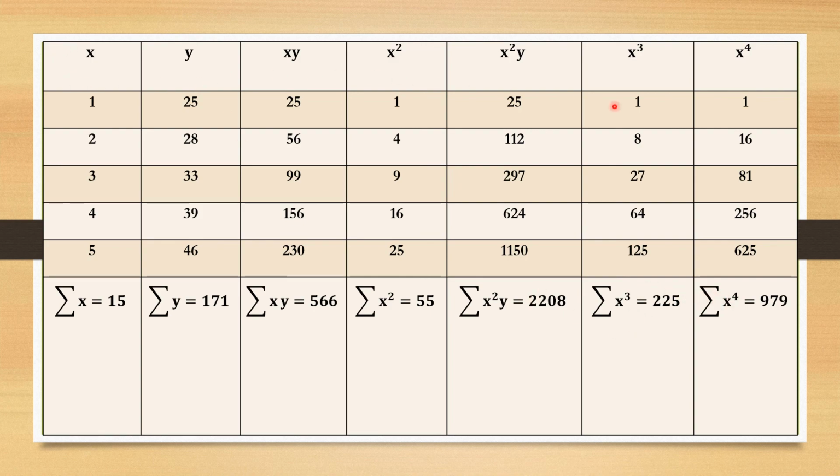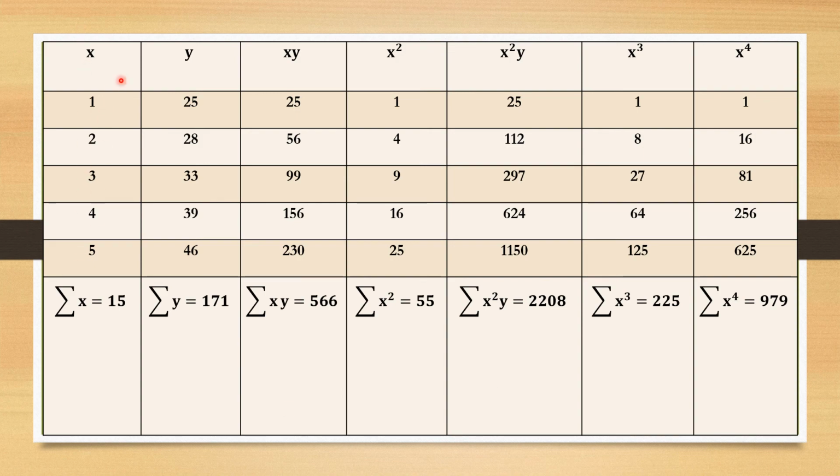So first we have to write the normal equations, and then whatever summations we get in those normal equations, those columns are to be written.